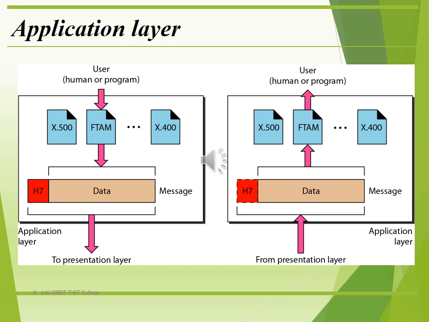So, ladies and gentlemen, this is our final layer. This is where we get our web browsers, Google Chrome, Firefox, Safari, and other software like Telnet and all those other applications that we get on our computers. They are on the application layer, which is the seventh layer.